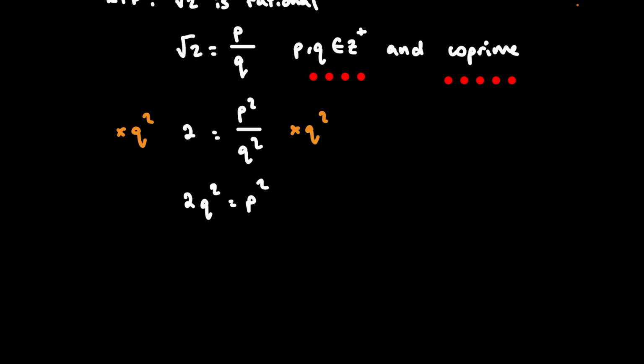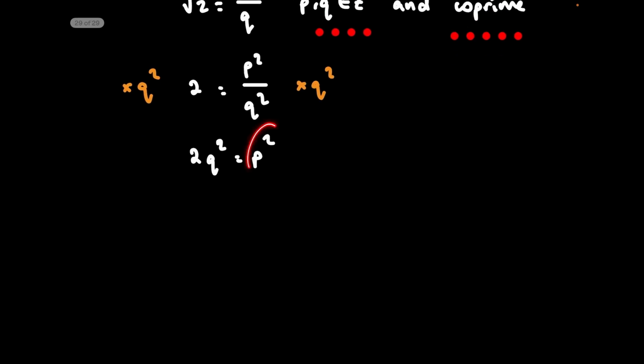Now what do we notice here? We've noticed that p squared is written as 2 times another constant, q squared, where q squared is just some constant. So if I can write p squared as 2 times another number, that means p squared is divisible by 2.